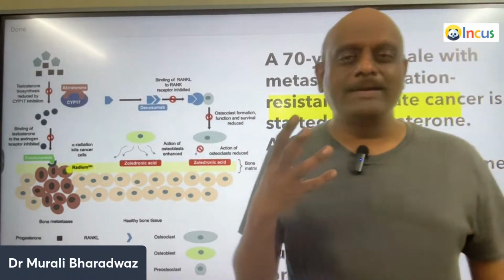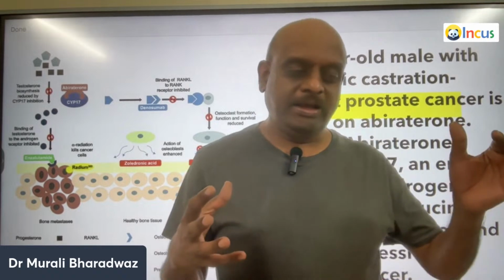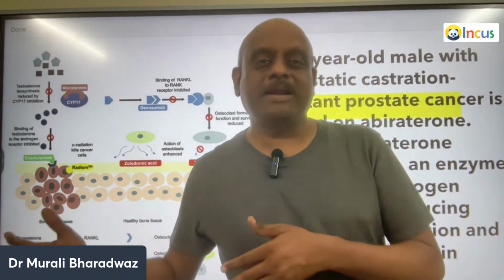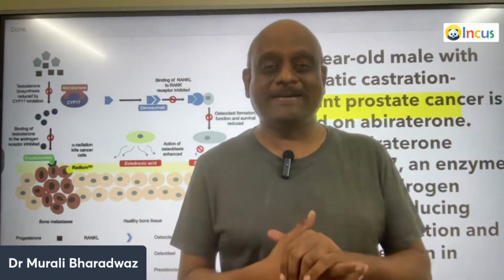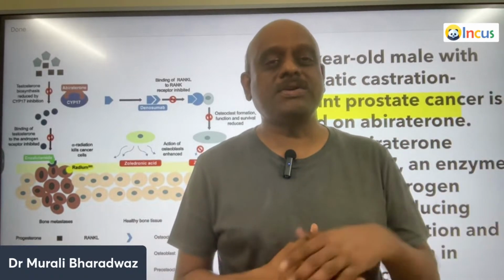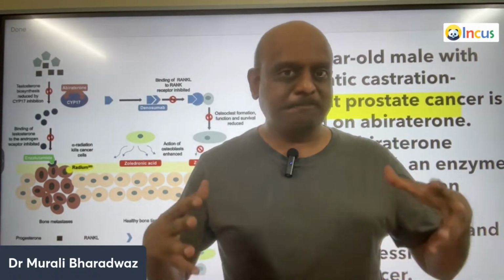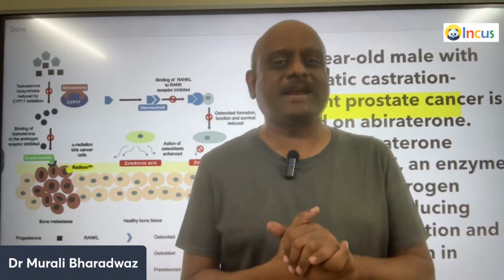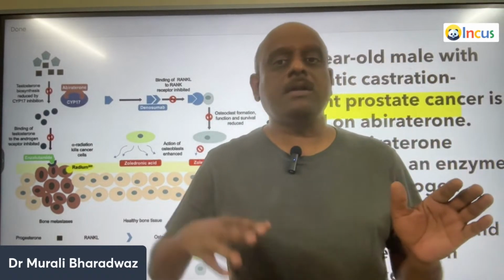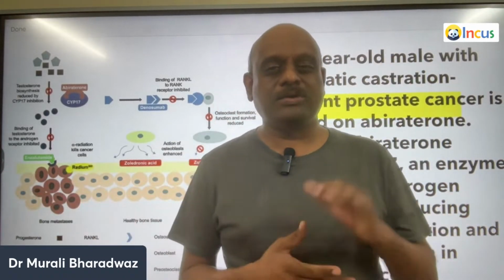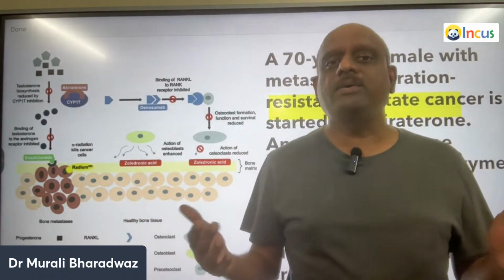Because the prostate depends on testosterone, just like terrorists depend on black money, right? That's the reason cash is being banned, only cards are permitted, or bank transactions, UPI. Cash is banned because cash is the petrol ignition for terroristic activity. Similarly, in prostate cancer, testosterone promotes the cancer growth. The source of testosterone is the testis. That's the reason we do castration.